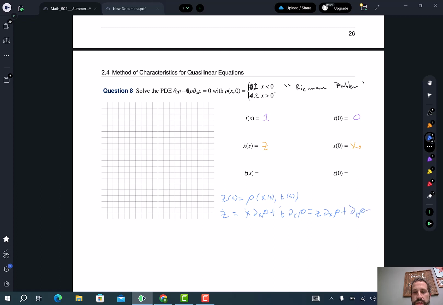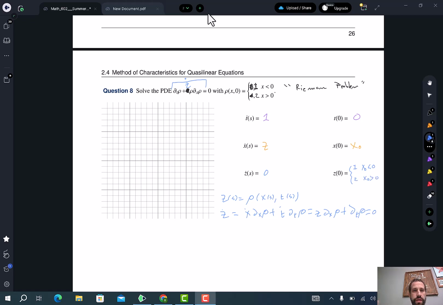But that's just equal to 0 because, again, z is equal to rho and I'm using the PDE here. And again, z dot, when we do it this way, is always going to be the stuff involving the derivatives of the unknown function. So z dot is going to be equal to 0, and then z of 0 is going to be equal to 1 if x naught is less than 0, and it's going to be 2 if x naught is greater than 0.